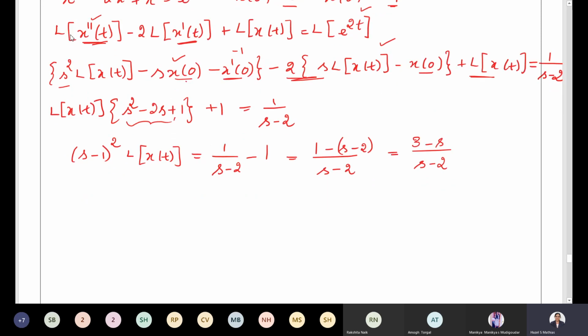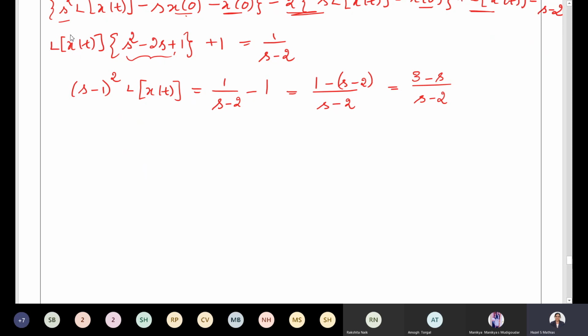Now write what is the Laplace transform of x of t. From this, the Laplace transform of x of t will be 3 minus s divided by s minus 1 the whole square, and the term which is there, s minus 2.